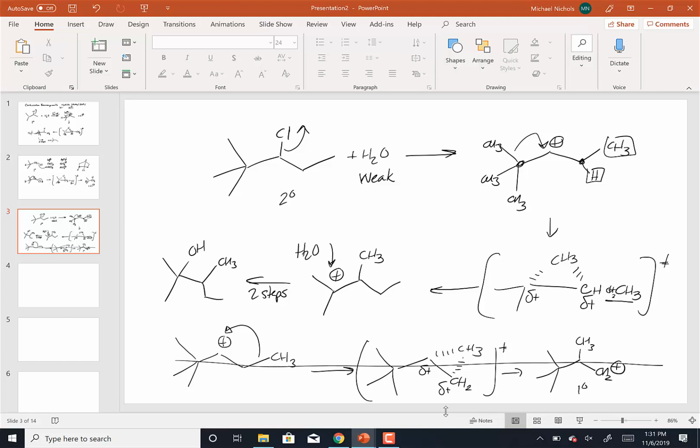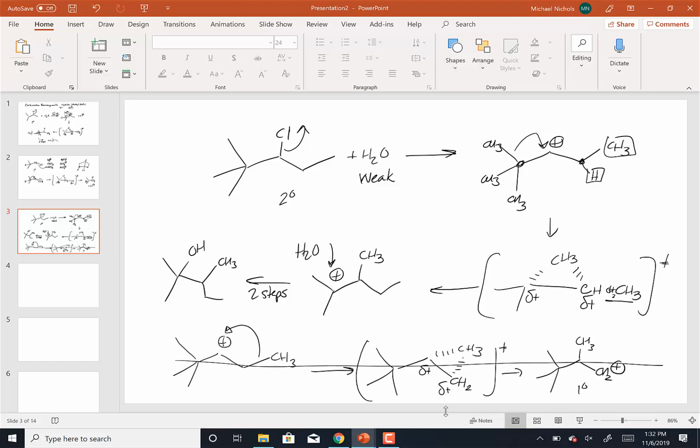The only way you're going to shift a methyl group and end up with a tertiary is if there's two other alkyl groups here. And later on, you could have potentially an ethyl shift, but we'll limit to hydrogen and methyl right now. Okay, so that's our rearrangements.